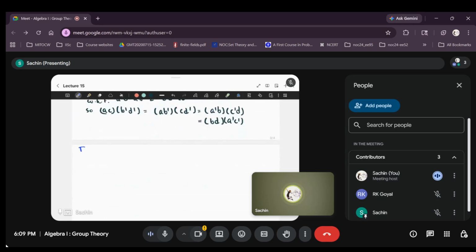So the theorem is the main theorem of this lecture: let D be an integral domain.